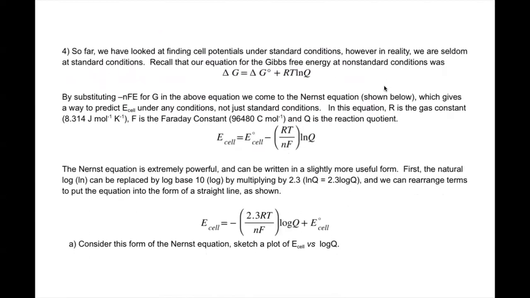Starting on page 5, we're going to look at another equation known as the Nernst equation.